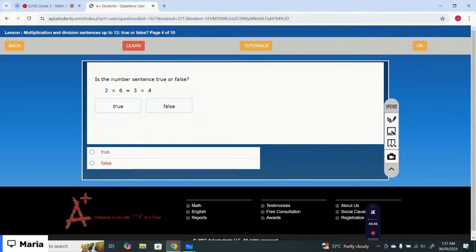Is the number sentence true or false? 2 times 6 equals 3 times 4. Which is the correct option?